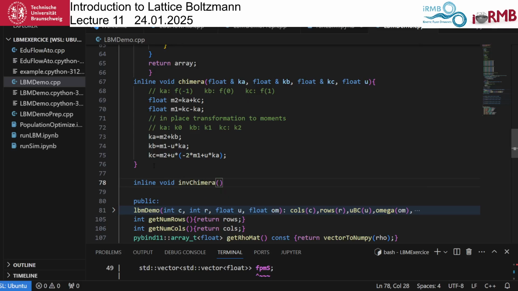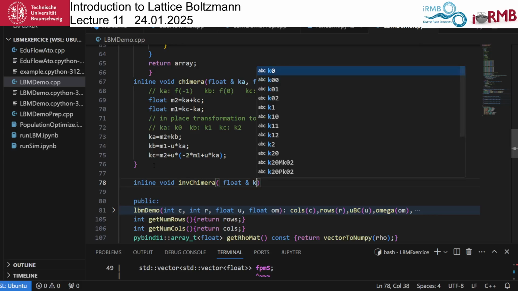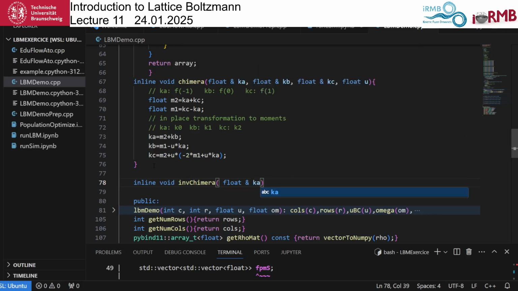chimera, and in this we do now the same thing. We give a float passed by reference so that we have a modifiable variable. Yeah, I think in Python they call it something like this. A modifiable variable, float, modifiable, passed by reference, KB.